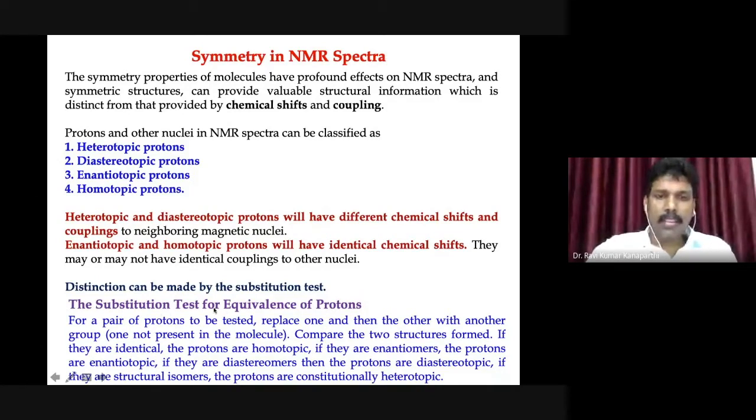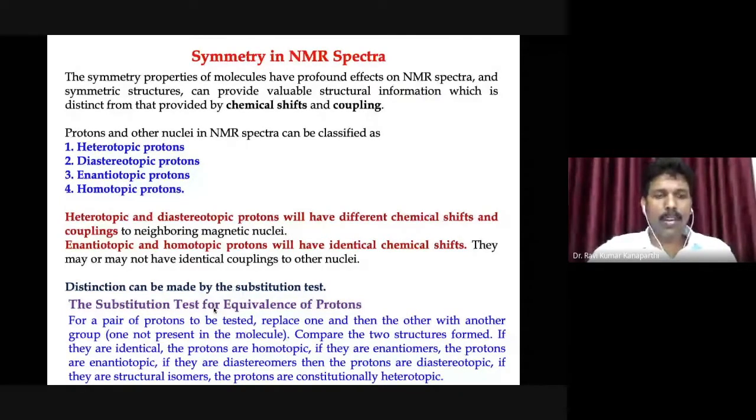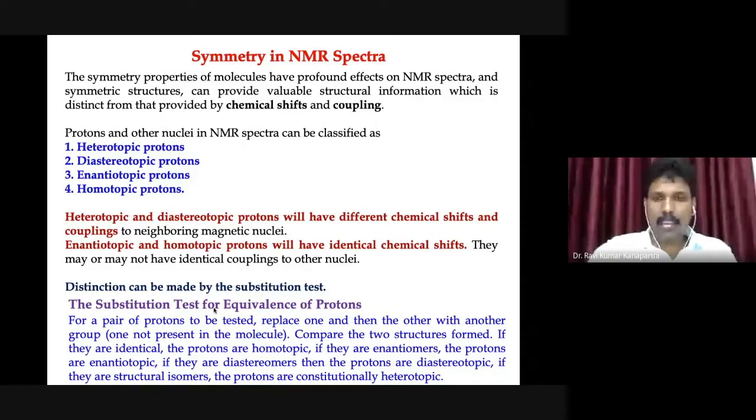If you want to classify a set of protons, you can replace one of the protons with some other element, and then compare both structures and see whether they are homotopic, enantiotopic, or diastereotopic. So you just replace one of the protons, compare both structures, and then decide what type of proton it is.